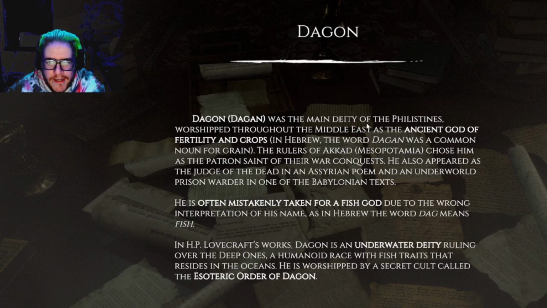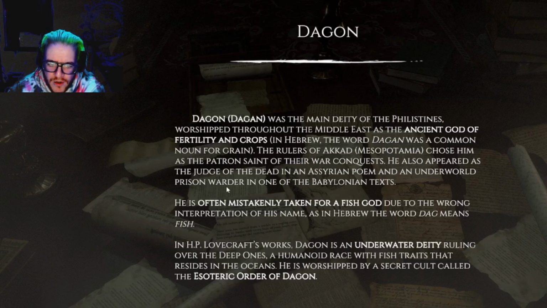Dagon was the main deity of the Philistines, worshipped through the Middle East as the ancient god of fertility and crops. In Hebrew, the word Dagon was a common noun for grain. The rulers of Akkad, Mesopotamia, chose him as the patron saint of their war conquest. He also appeared as the judge of the dead in an Assyrian poem, and an underworld prison warder.